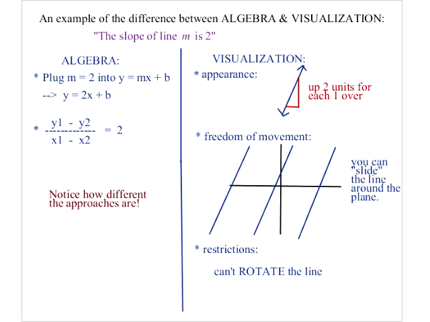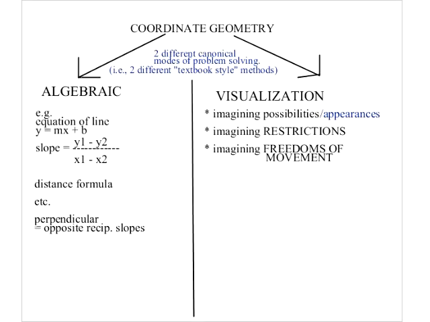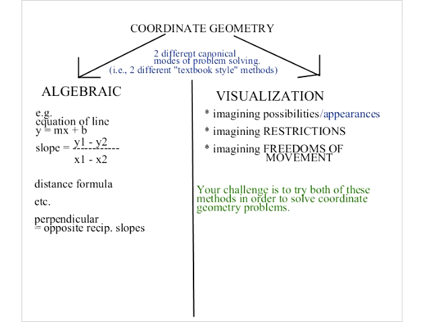I mean, notice that the stuff that's over here has almost nothing to do with the stuff that's over here. These are completely different interpretations. So your challenge is to try both of these methods in order to solve coordinate geometry problems.